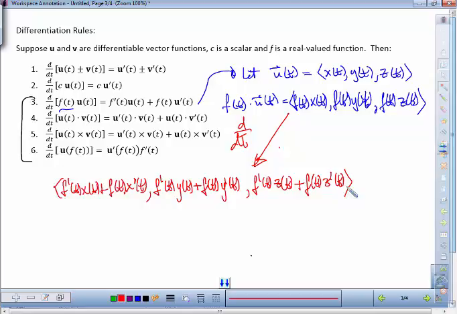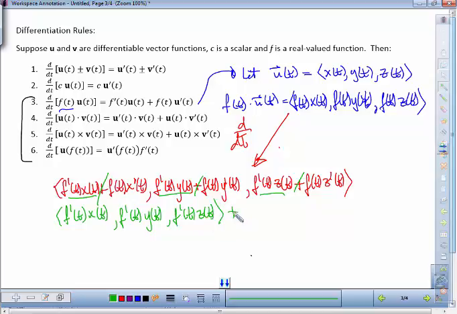So now let's split this up into a couple of vectors. For each of these vectors, I'll split them up here so it looks like I'll be adding two vectors. So we have f prime of t times x of t, and then the second one, f prime of t times y of t, and then the third one, f prime of t times z of t.